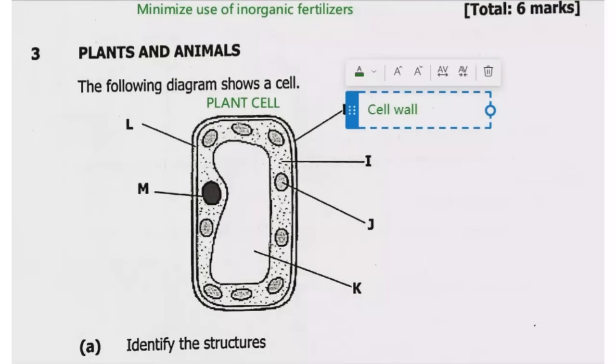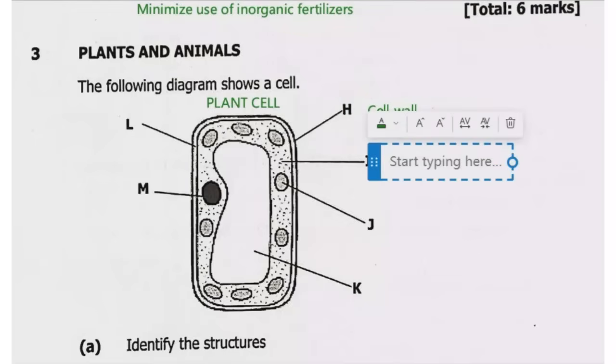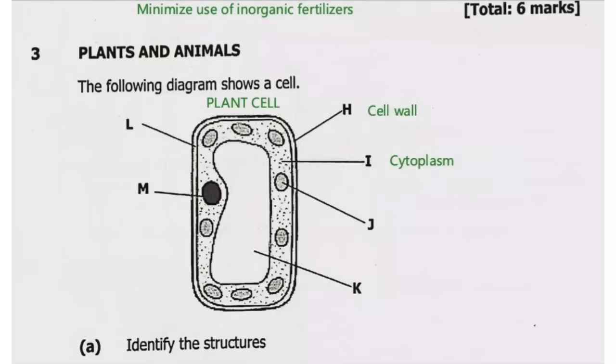Now, what is the name of the part I? I is cytoplasm. What is the part J?